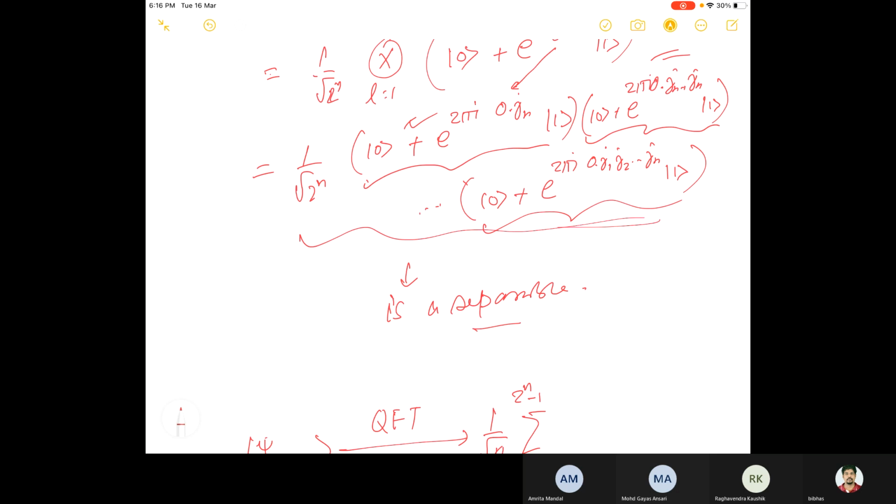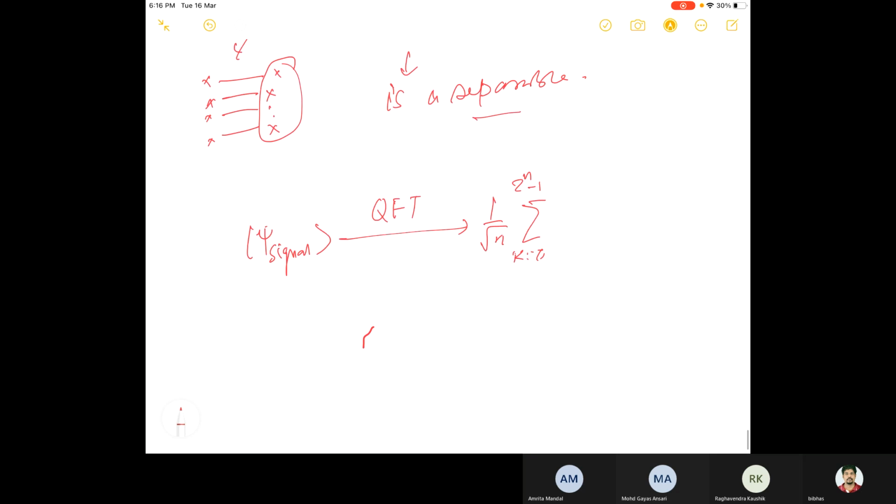So whenever we are constructing a circuit representation of the unitary matrix corresponding to the QFT, if there are n inputs, then the output must be of this particular form. One should be this state, another one this one, and so on, and another will be this one. So this should be the output state. This is what we wanted to realize. That's why we have done this algebraic manipulation.